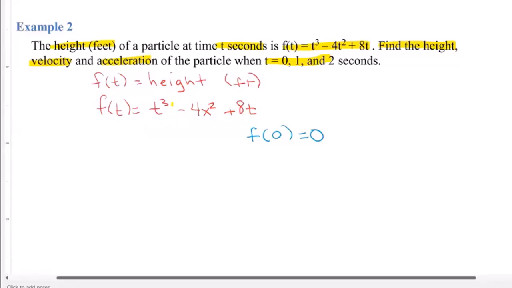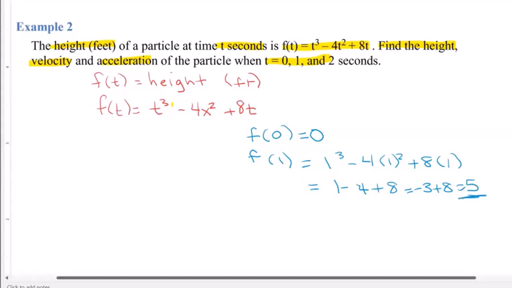Now, when t is 1, things are going to be a little different. So at 1, it's going to be equal to t to the third, or 1 to the third, minus 4 times 1 squared, plus 8 times 1, which is equal to 1 minus 4 plus 8, which equals minus 3 plus 8, which equals 5.